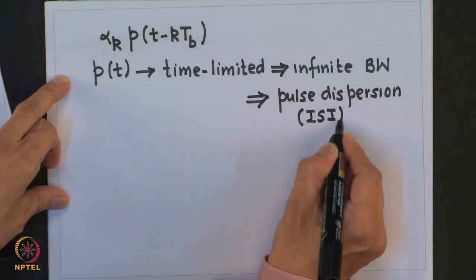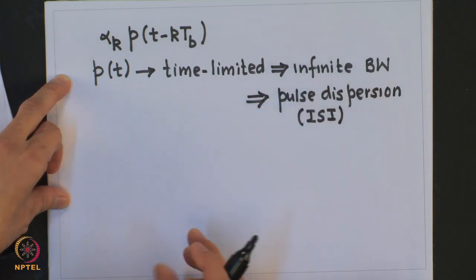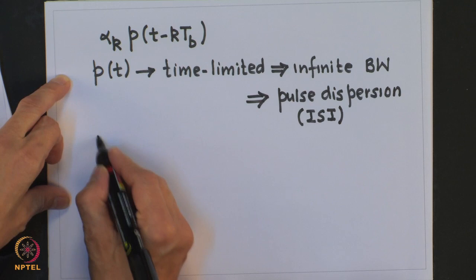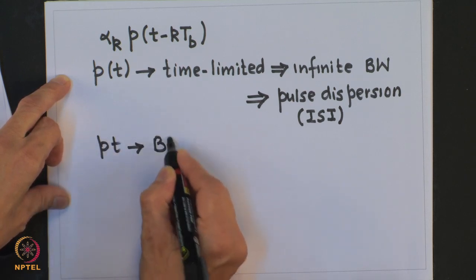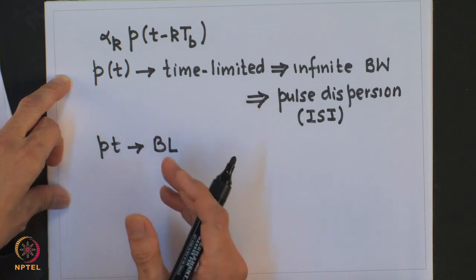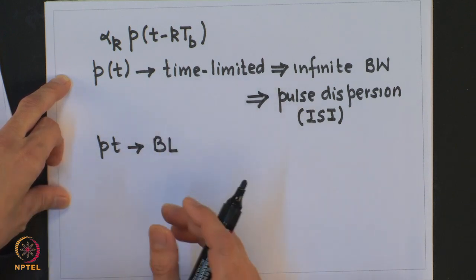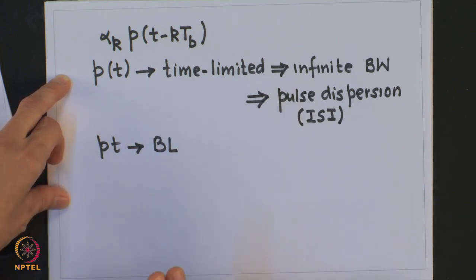So, let us try to solve this problem by choosing a p(t) which is band limited, so that it matches the characteristic of a band limited channel.